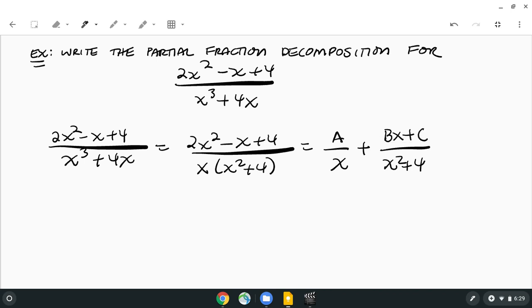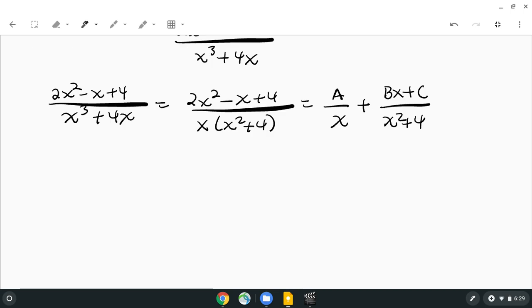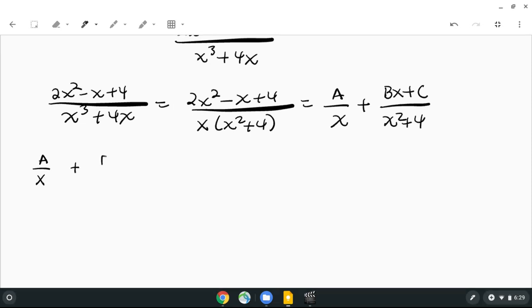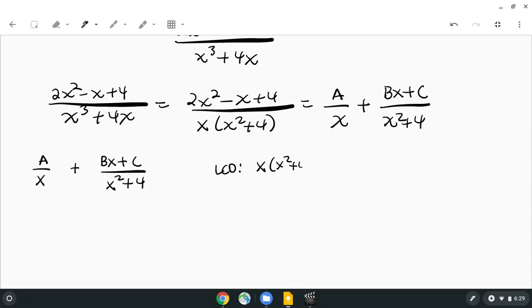Okay. All right, so let's bring those two fractions down here. Okay, so a over x plus bx plus c over x squared plus 4. Let's add these. The LCD is going to be x squared plus 4. Okay, so that's my LCD.